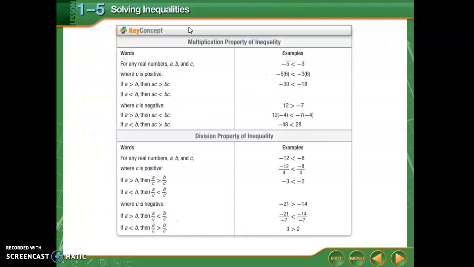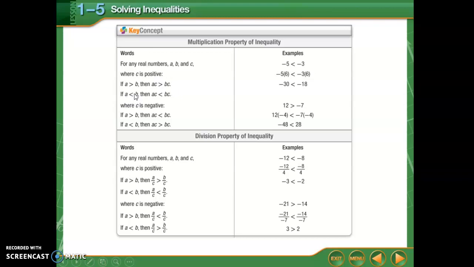Okay, let's move on to the multiplication and division properties of inequality. For any real numbers a, b, and c, where c is positive, if a is greater than b, then if you multiply a by c, the product is going to be greater than b times c.